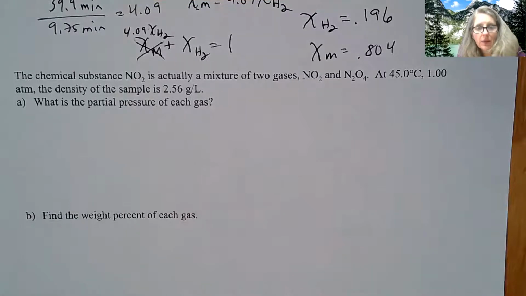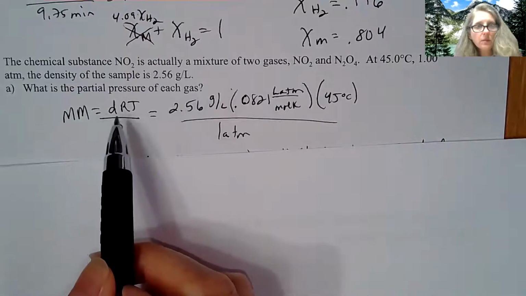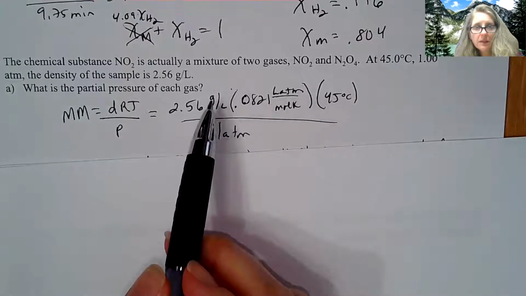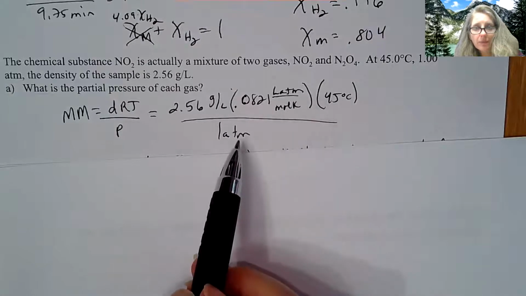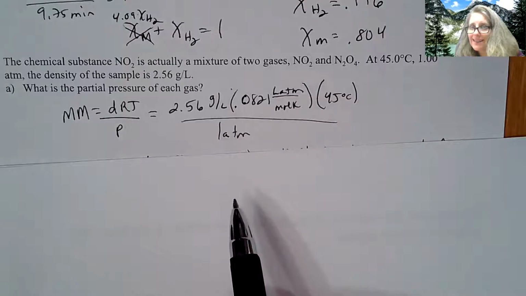Okay, so I'm going to pause it and show you some of my work. I'm going to use molar mass is equal to the density times R times T over pressure. I was given the density, I could find my R, I have my temperature, and I have my pressure. Now please notice I did something wrong in my setup.